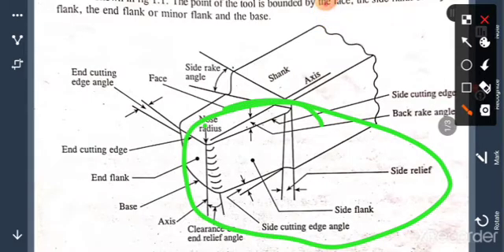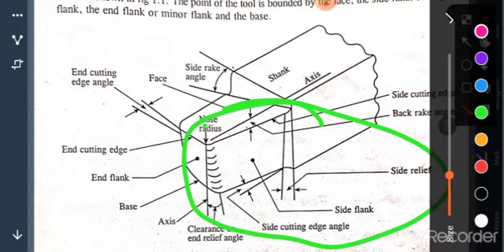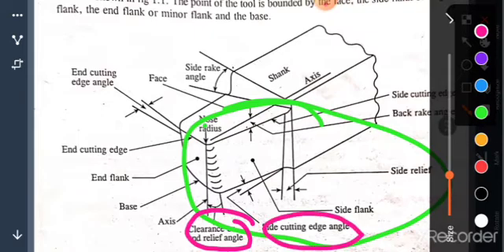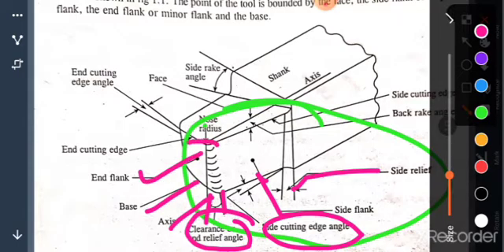Nose radius, then clearance and relief angle, side cutting edge angle. So two angles are there: one is the clearance angle and the other is the side cutting edge angle, side flank, side relief angle. Then this is called the axis base, this is called the end flank, and this is the end cutting edge, right?